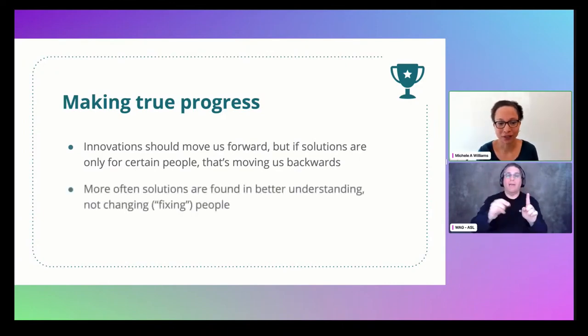So more often solutions are found in better understanding, not in just changing or fixing people, or I guess I should have added, or ignoring people altogether. So keeping in mind that really, if we're moving towards good progress, then we should be keeping in mind the diversity of what that includes.